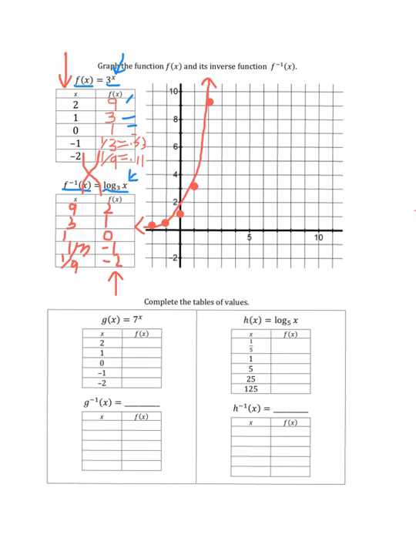And let's plot these points. So we'll get 9, 2 is about right here. 3, 1. 1, 0. 1/3, -1.